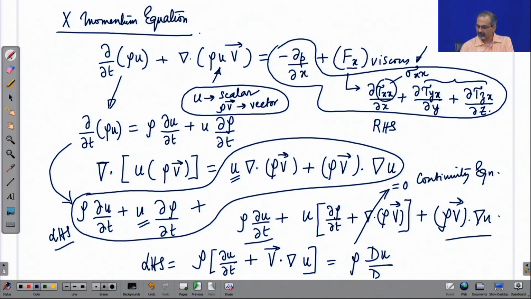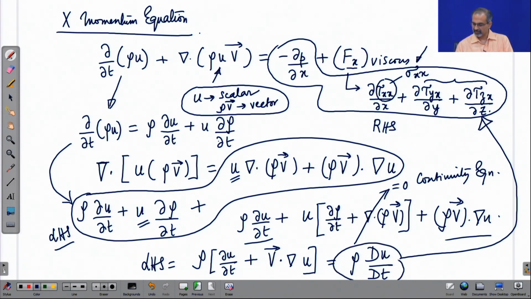It is rho times Du Dt. So, the substantial derivative now figures over here, and that is equal to the right hand side terms that we have written on top. So, this is essentially the x momentum equation in substantial derivative form.